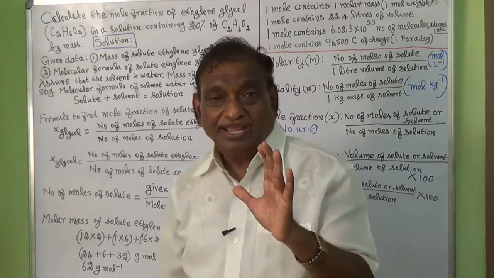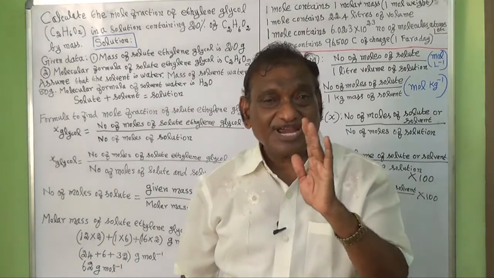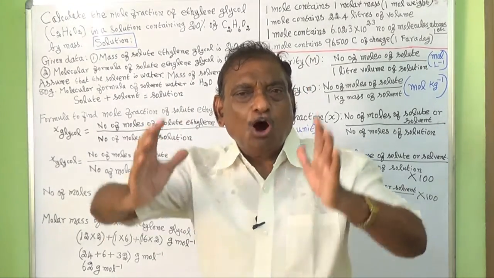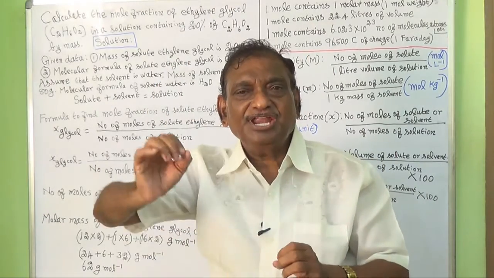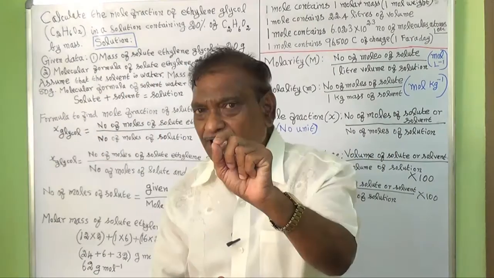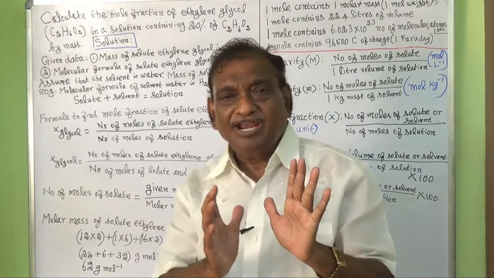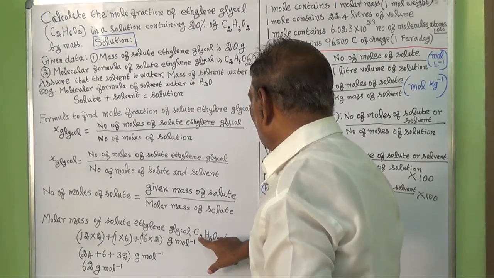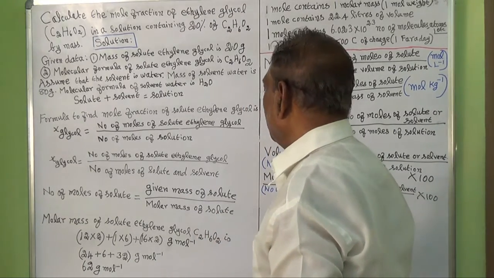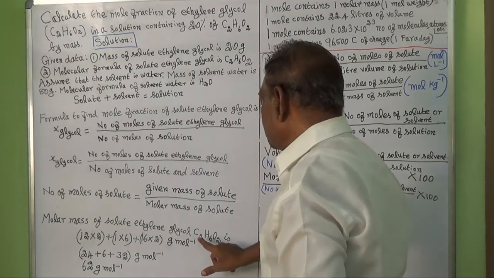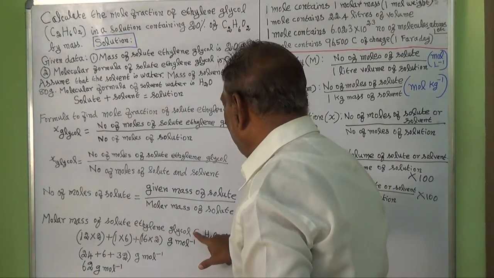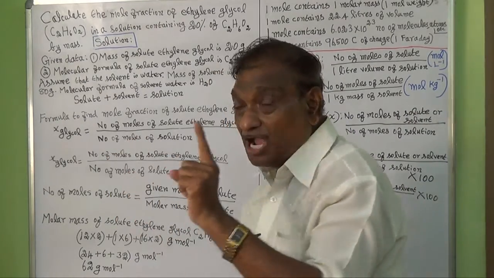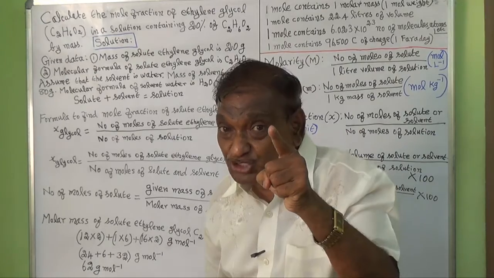We can find the molar mass of the solute very easily. We know that the molar mass of a substance is the sum of the atomic mass of all elements present in that molecule. Now we are going to find the molar mass of solute ethylene glycol, C2H6O2. In this, the first element is carbon. What is the atomic mass of carbon? The atomic mass of one carbon atom is 12.